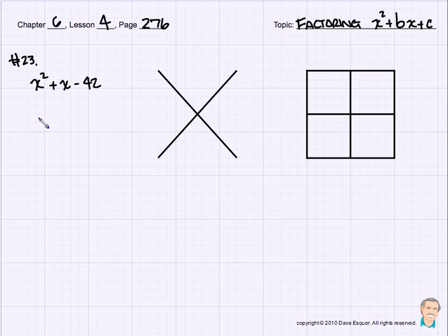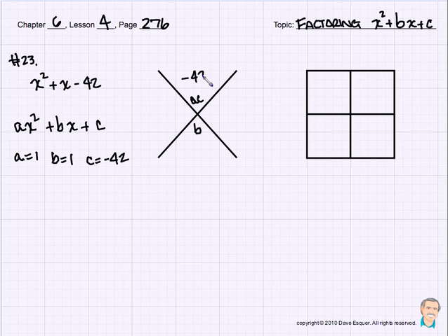Let's try this for number 23, x squared plus x minus 42. Again, ax squared plus bx plus c. And I hope we see that a is equal to 1, b is equal to 1, and c is equal to negative 42. So remember, up top goes ac, and in the lower goes b.